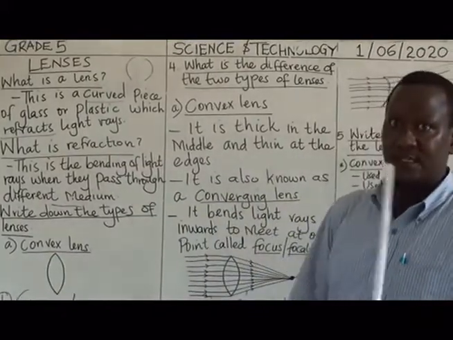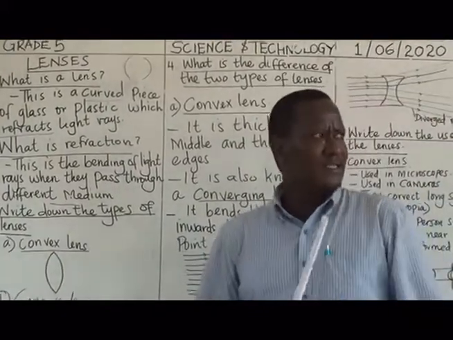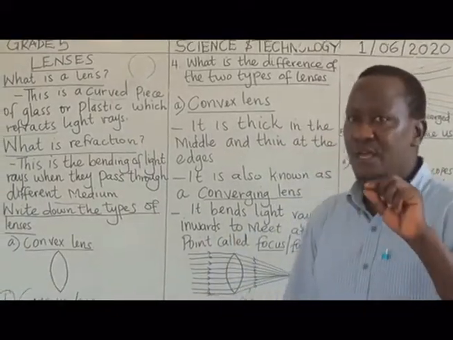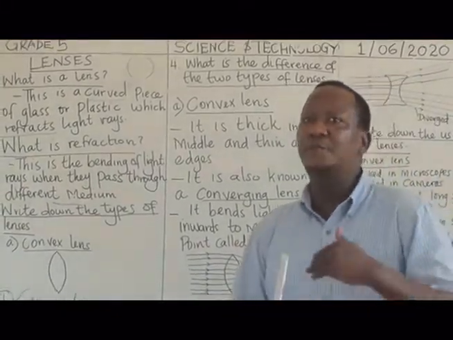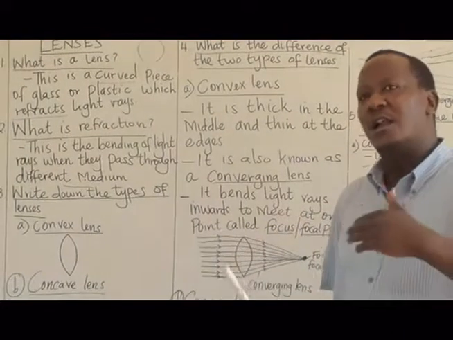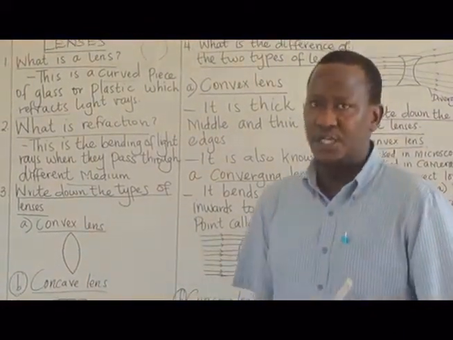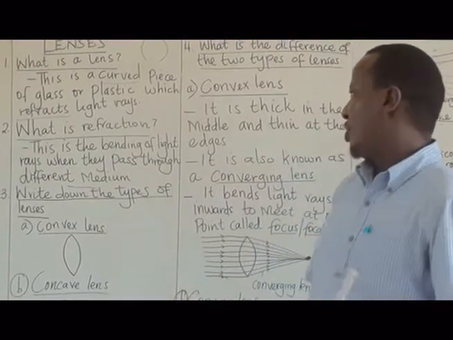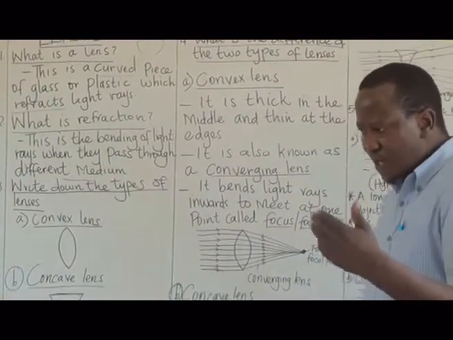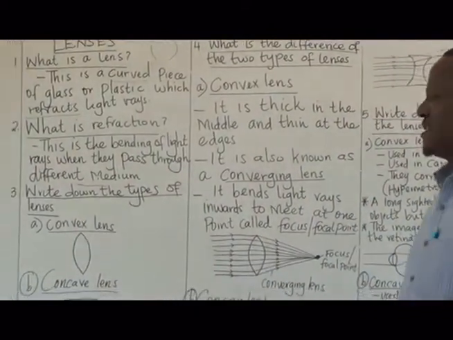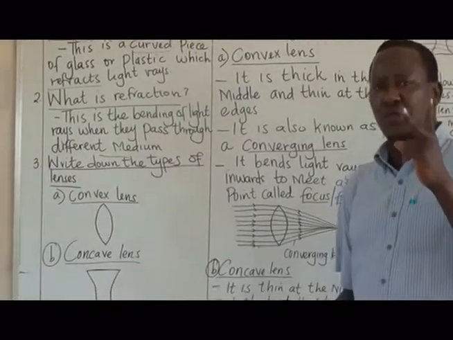Remember, these lenses have to be transparent. They have to allow light to pass through. Now, let's look at the different types of lenses. We have two types of lenses.